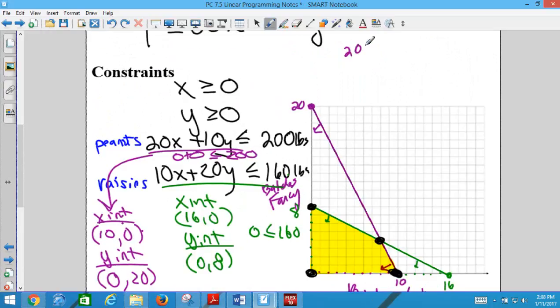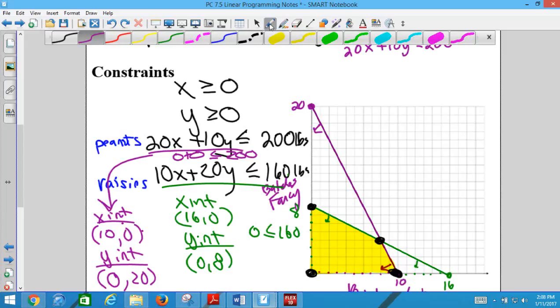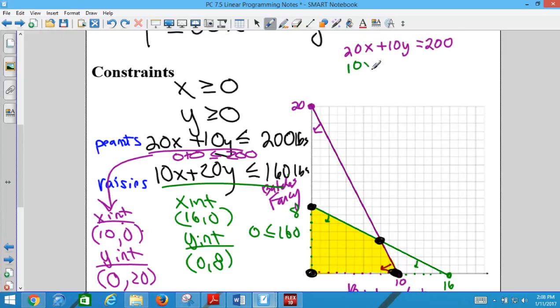So 20x plus 10y, and you can just do equals when you're finding the intersection. My green one is 10x plus 20y equals 160. And you can do that by substitution or elimination. I think I'm going to do elimination.